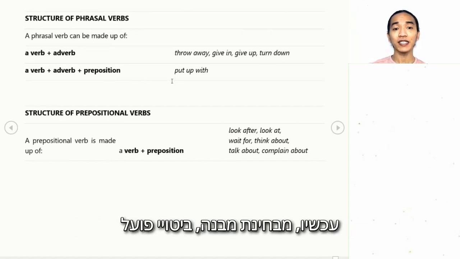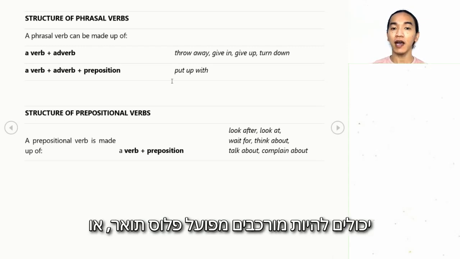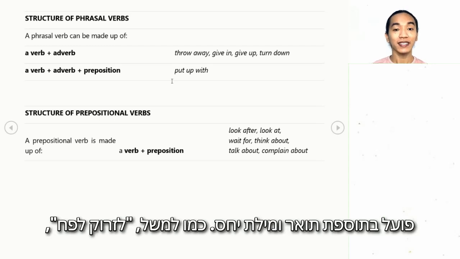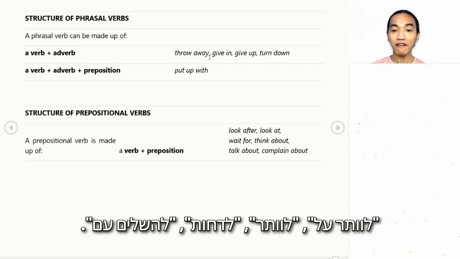Now, in terms of structure, phrasal verbs can be made up of a verb plus an adverb, or a verb plus an adverb and a preposition. For example, throw away, give in, give up, turn down, put up with.